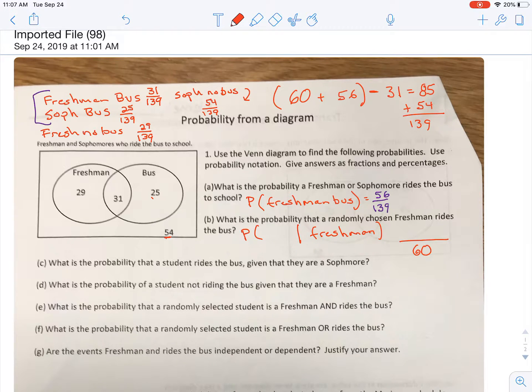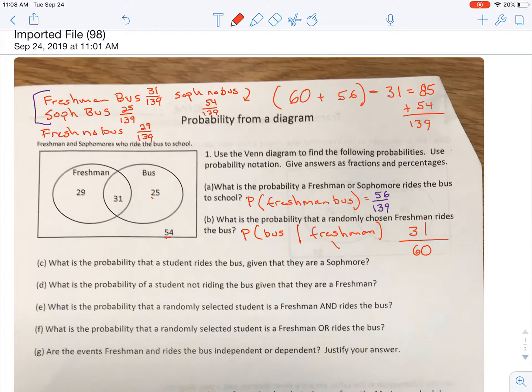And riding the bus, so this is bus given freshmen. I think most people would miss this, the notation. So how many of our freshmen are bus riders? That's 31.